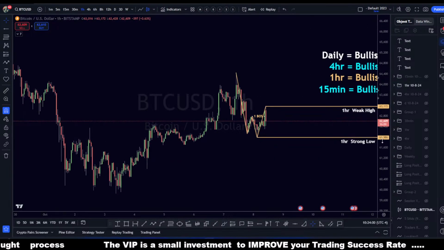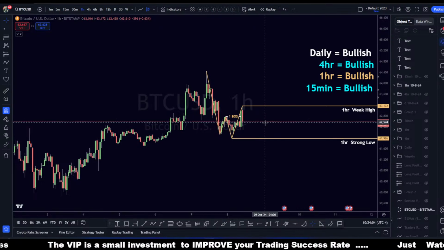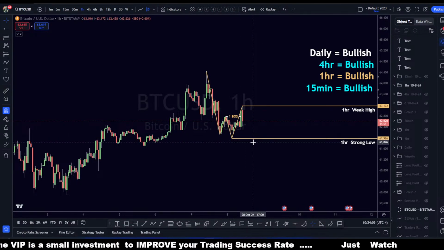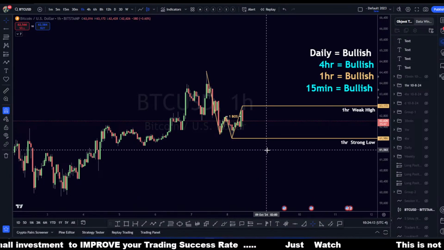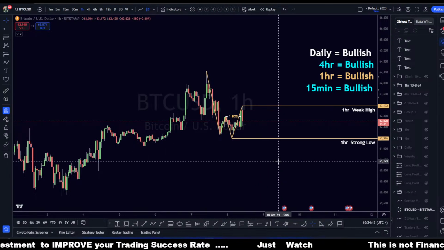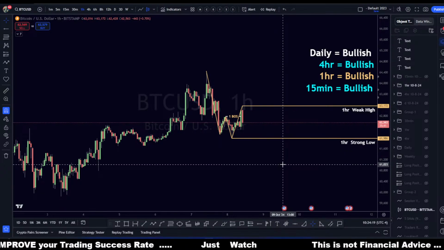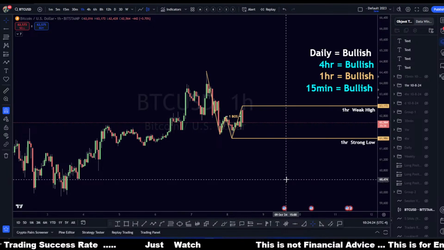In the 1 hour time frame, we can see that it can travel anywhere between this zone and still be bullish. It can come all the way down here, still be bullish, as long as it doesn't break this area. If it breaks this area, now we have to start thinking, okay, is it going to break the 4 hour? And if so, is it going to break the daily? And if so, how far down are we going? So this is the thought process on this.